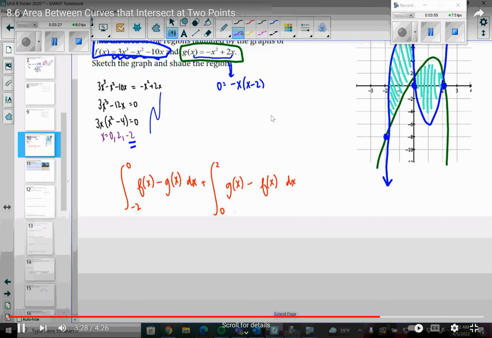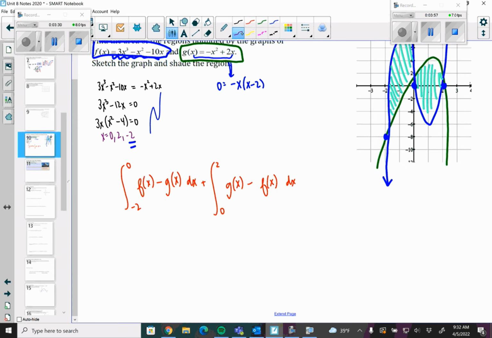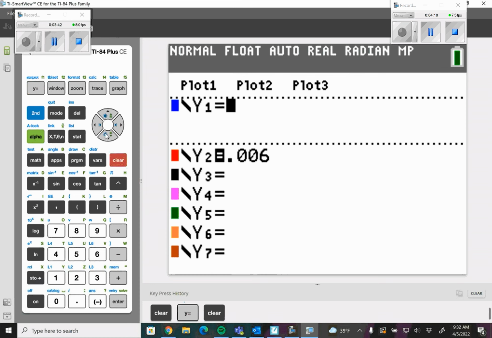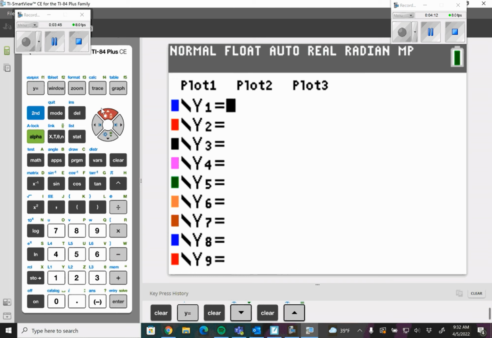Of course, we can find this by hand if we want, or we can find this in our calculators. I don't actually know what past me did, so we'll wait and see. Oh, looks like I was doing this in my calculator. Then, of course, the fastest way is going to be to add these f of x and g of x into my y equals, so I don't have to type them in so many times.